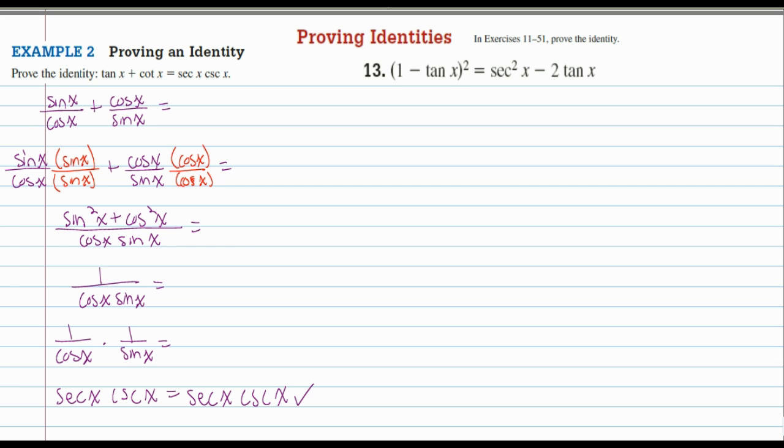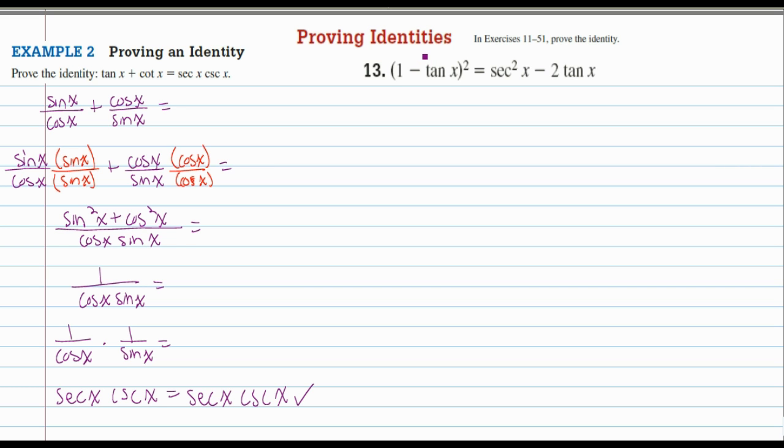Which side are you going to work with? In my opinion, both of these sides have equal complexity, so it just depends. Do you want to work with something that looks like this? Does that give you an idea of how to start right off the bat, or does this side give you an idea of how to start?